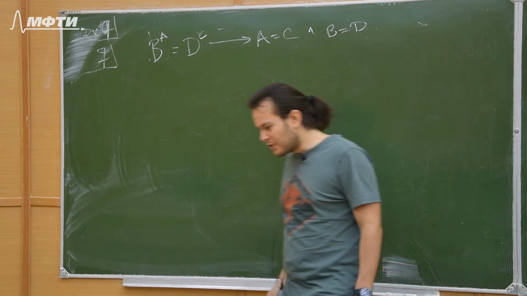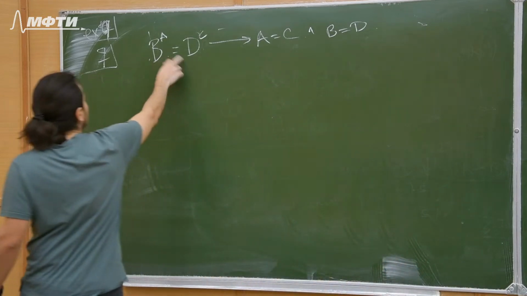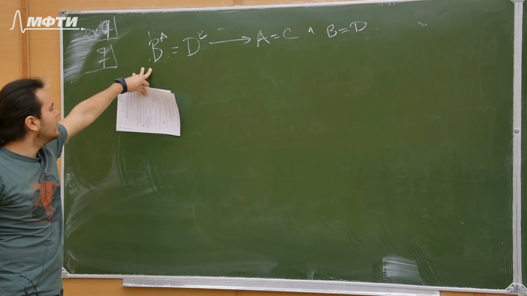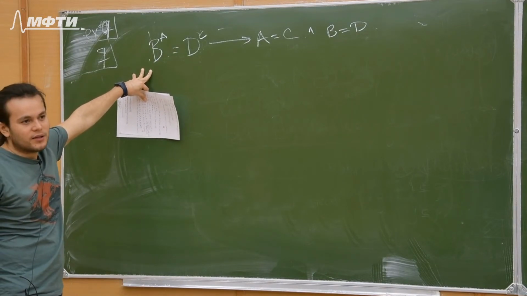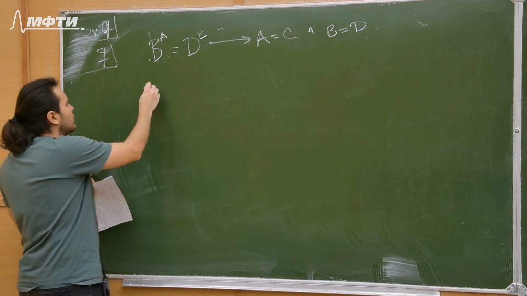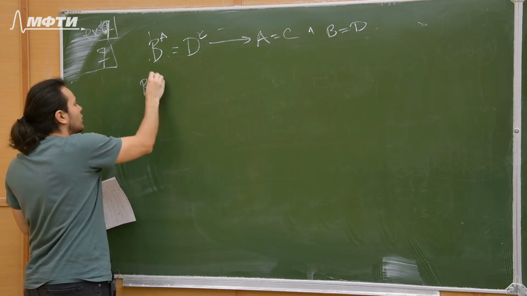But first of all, let me remind you what this is. We have that A, B, C, and D are sets, right? And so what is B to the A?